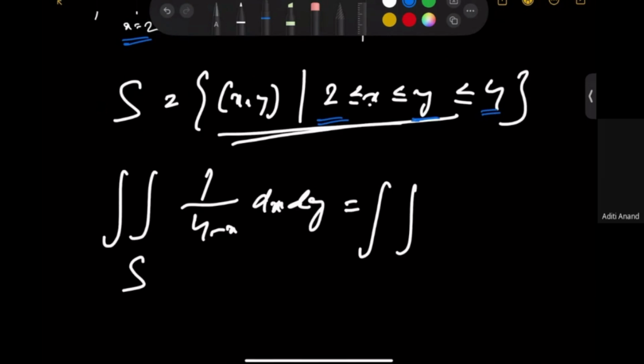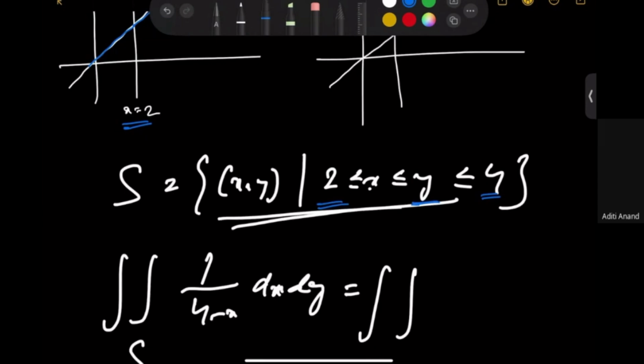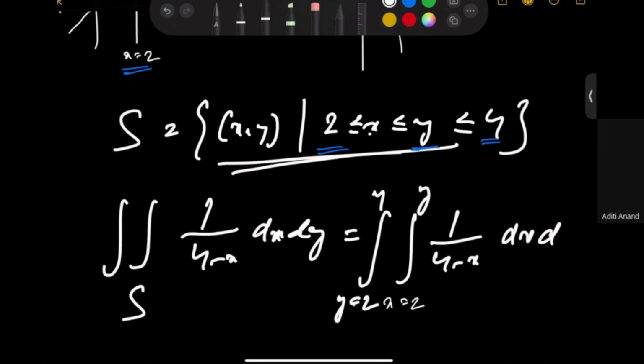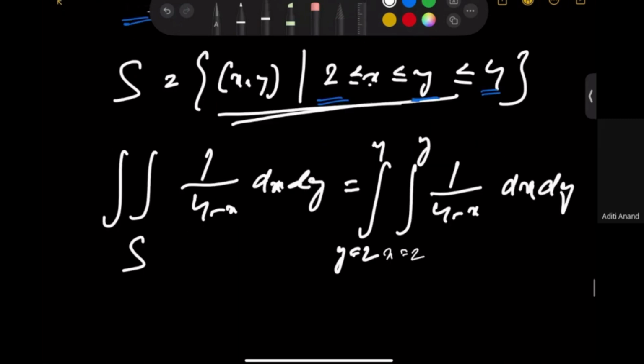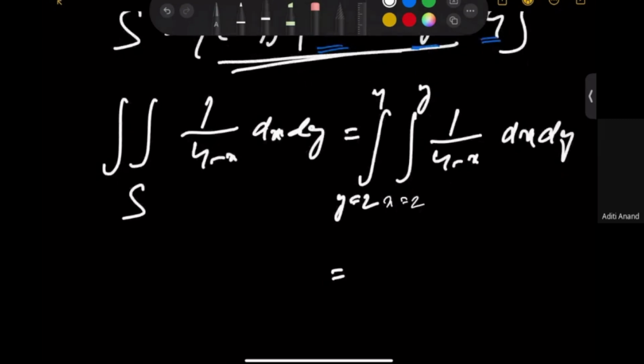So we can start with the inner integral, x going from 2 to y, and y going from 2 to 4, right? Then what would you do as the next step? Would you go on integrating directly, or would you like to do something else about it?